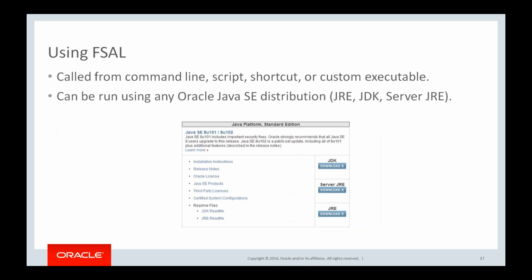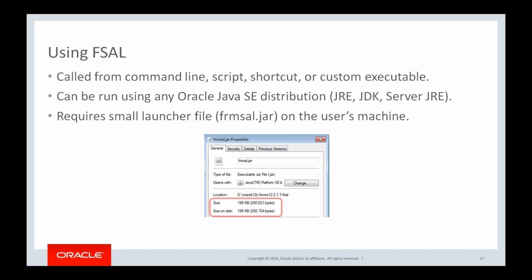Okay. As I mentioned, with the standalone launcher, you could download any one of these server or Java distributions to do what you need it to do. So you've got plenty of options here, whichever one meets your needs best. But as I kept mentioning, this is running a Java application on the local client. So you do have to download a small launcher file to the client machine, which you could store anywhere you want.